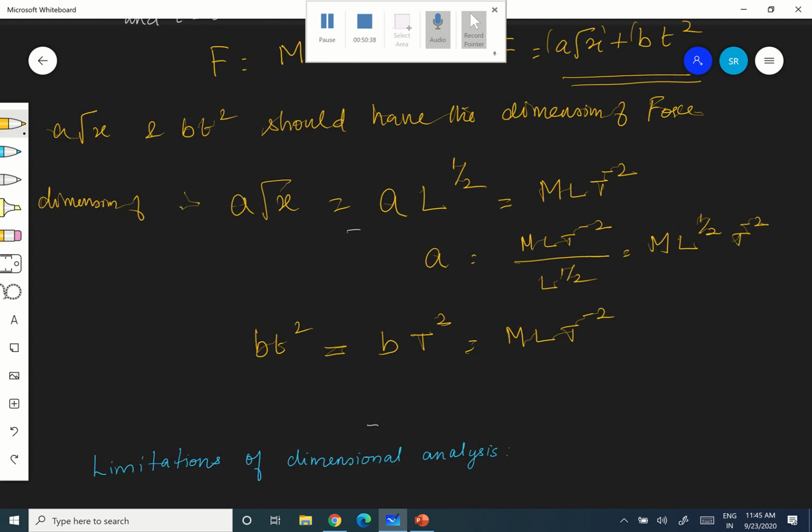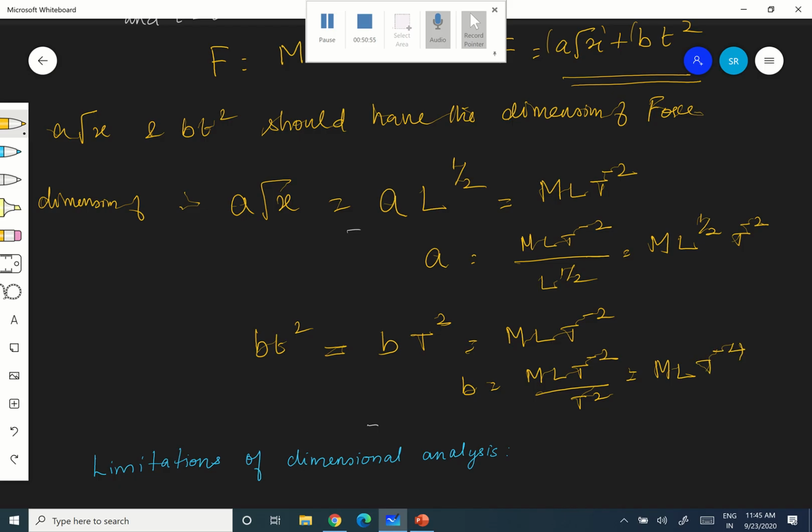Therefore, what is your b? b is equal to M L T power minus 2 divided by T squared, that is M L T power minus 4. Correct?